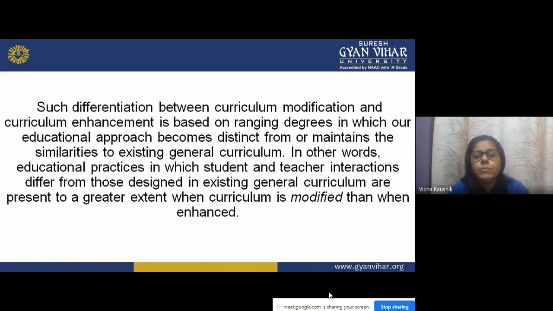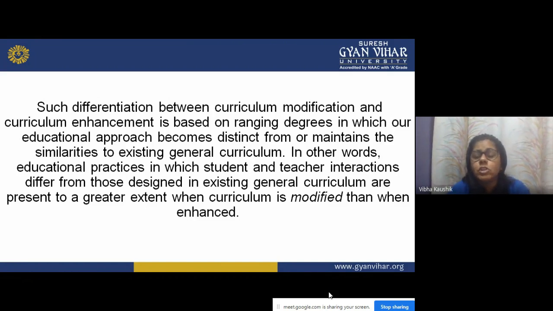Such differentiation between curriculum modification and curriculum enhancement is based on ranging degrees in which our educational approach becomes distinct from or maintains the similarities to the existing general curriculum.